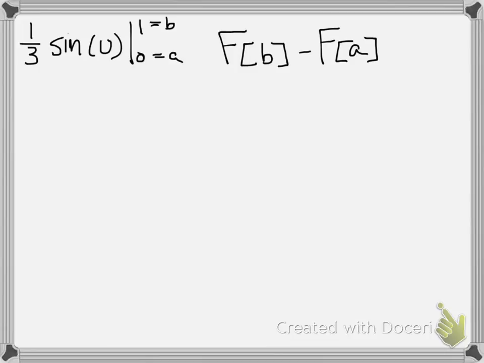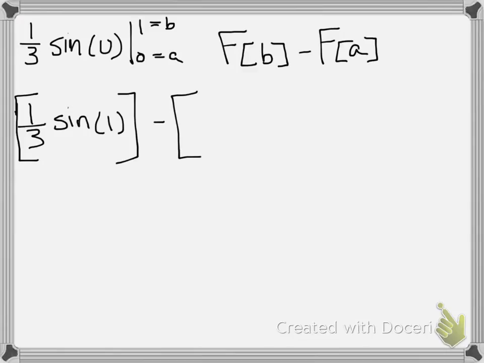So whenever we plug those into our function, we have 1 over 3 sine, plug in our 1, and that is our f of b, minus our f of a, 1 over 3 sine of 0.